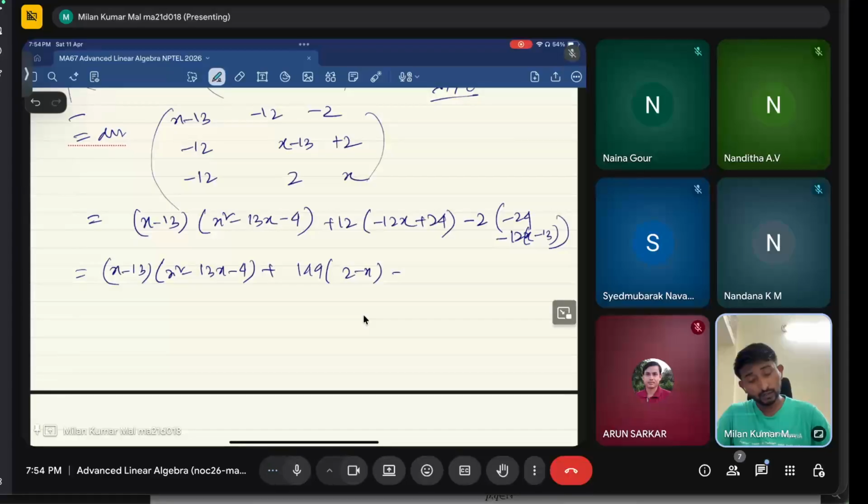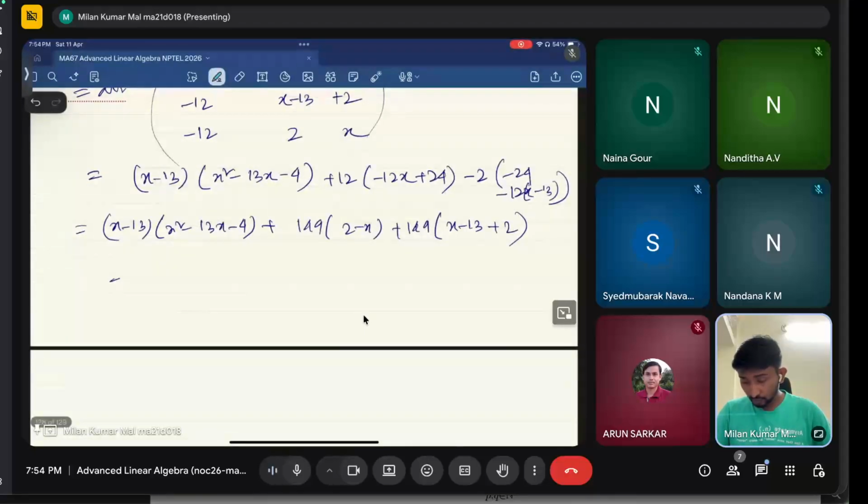If I take 12 common, then this will be minus 12 common, then 144, then x minus 13, minus I have taken, so plus 2, x minus 11. So here I will not do the calculations because this is going to be problematic, I think.